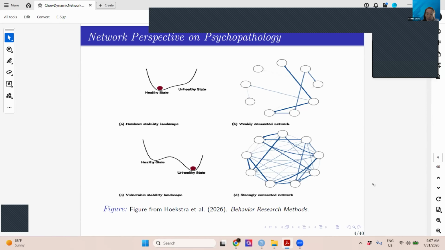So here's the intuition. In an Ising model, which is actually a nonlinear variation of the model, it postulates that for psychopathology or people's emotions, there are often two different categorical states, healthy and unhealthy state. And individuals may be fluctuating, going from one state to another.